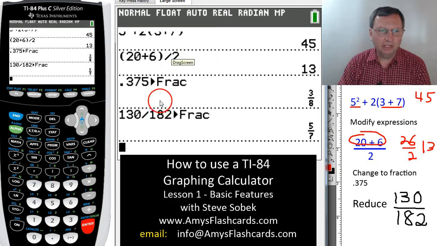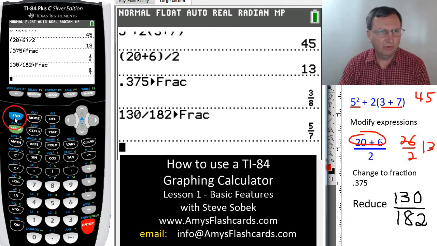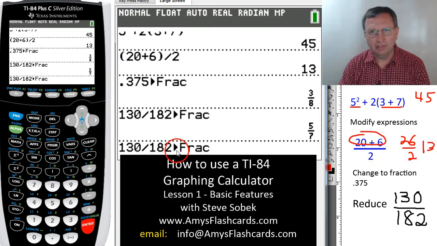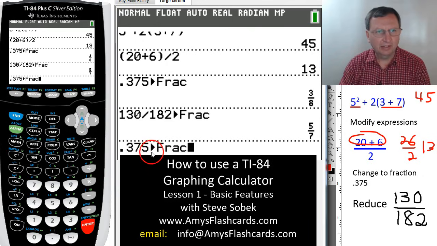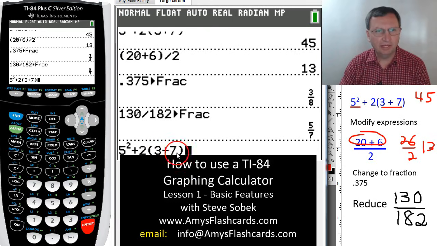You don't. You can get back expressions that you've typed before. If you hit second enter, it gives you the most recent expression that you had typed, and if you hit second enter again, it gives you the one before that. And if we continue this process, we can get back to that problem that we had back at the beginning. Here it is. We didn't have to retype it.